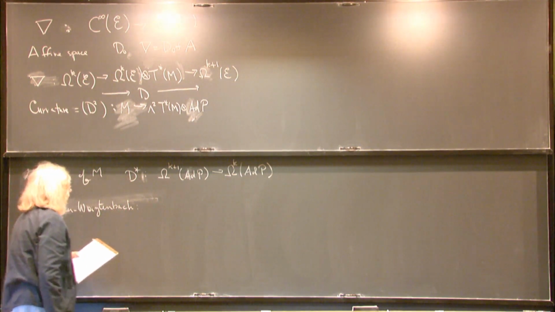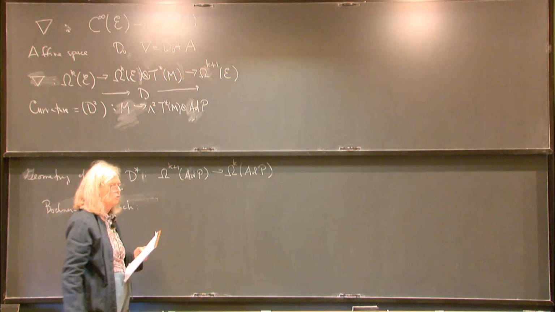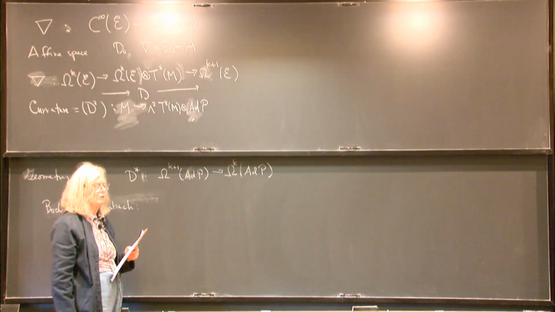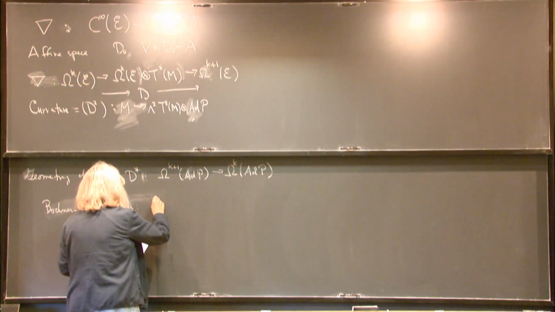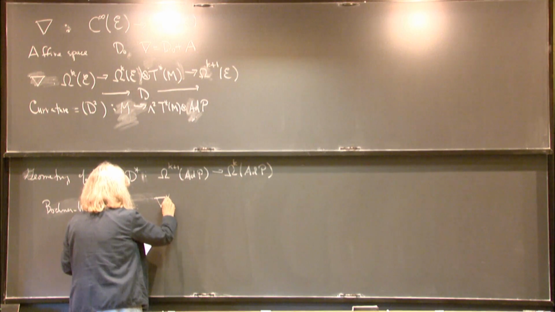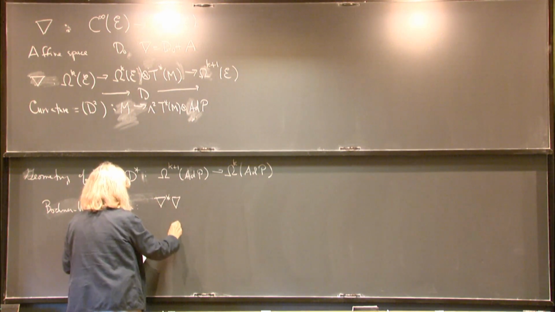Okay, and so in this case, we have actually two definitions of the Laplace operator. We have the definition which comes from taking minus the formal adjoint.